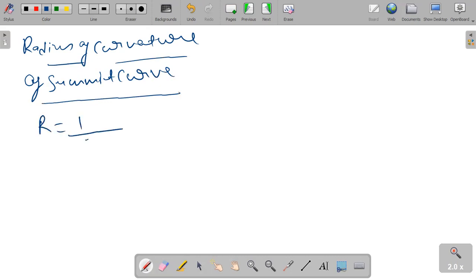Basically, it is equal to 1 by 2a, that is, R is equal to L by n.